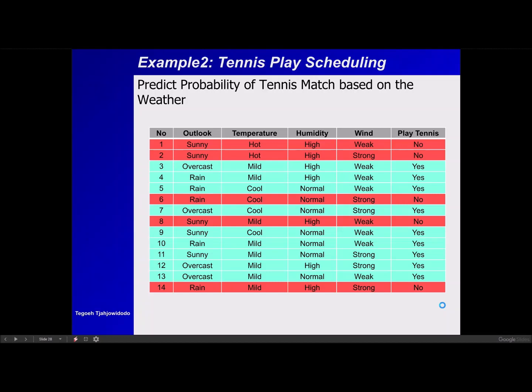So we have this kind of data, 14 data, that correlate the four weather conditions: outlook, temperature, humidity, wind as the observable variables, and then the variable to be estimated, whether the tennis match is played or not.